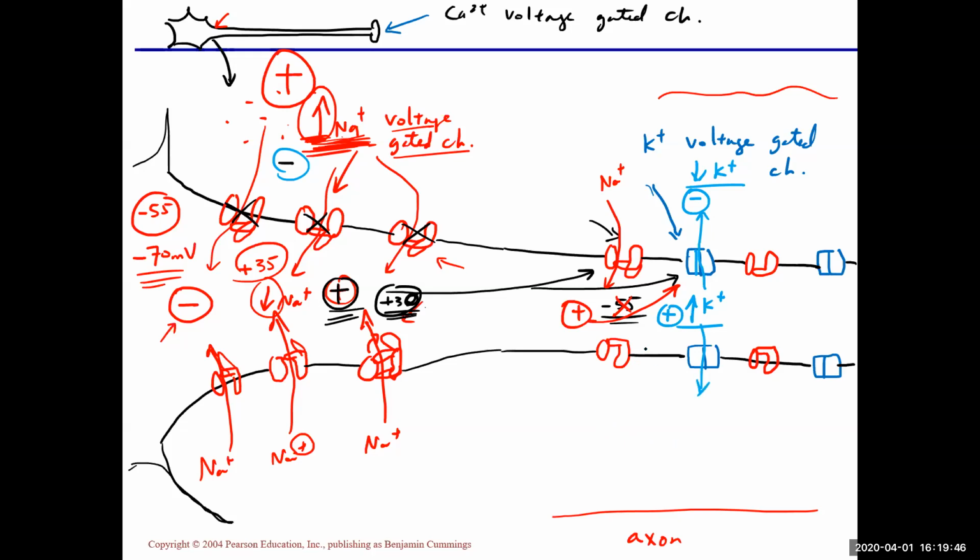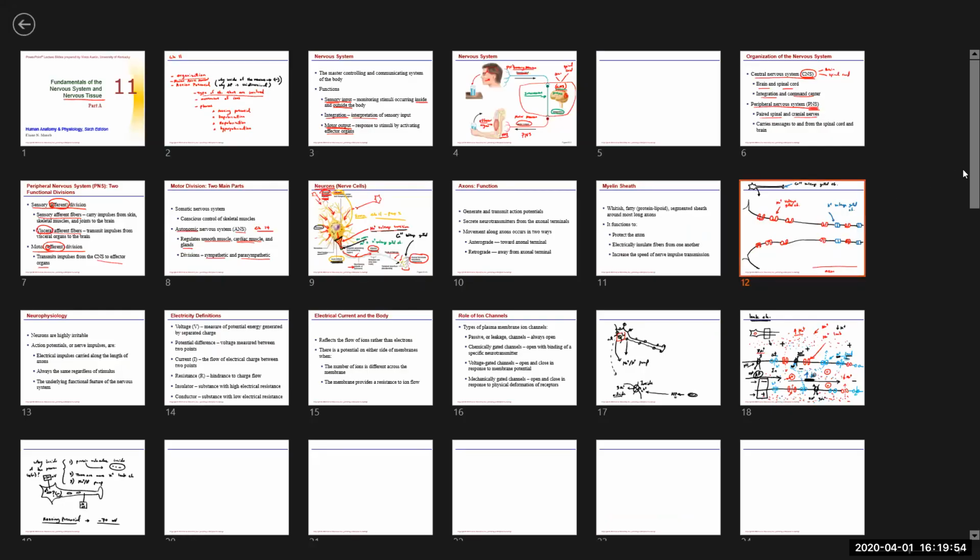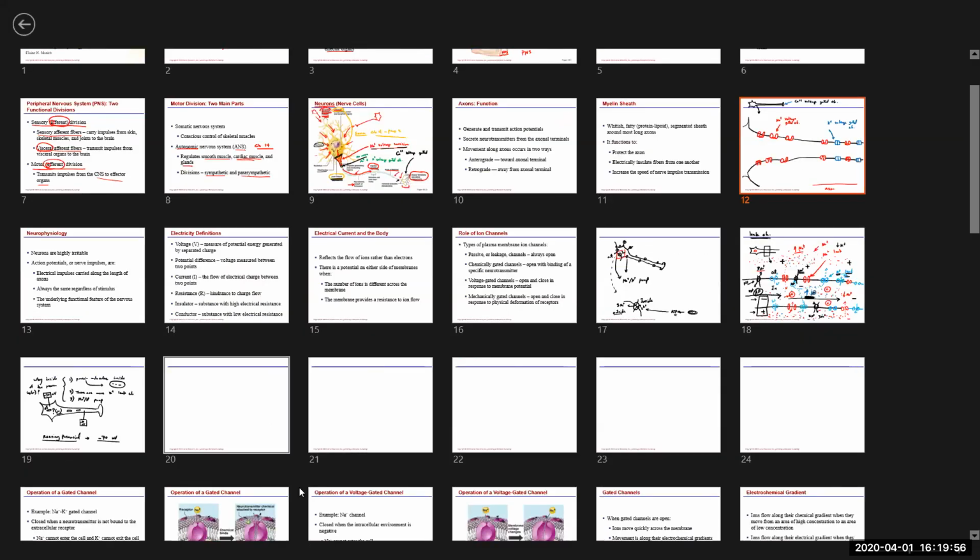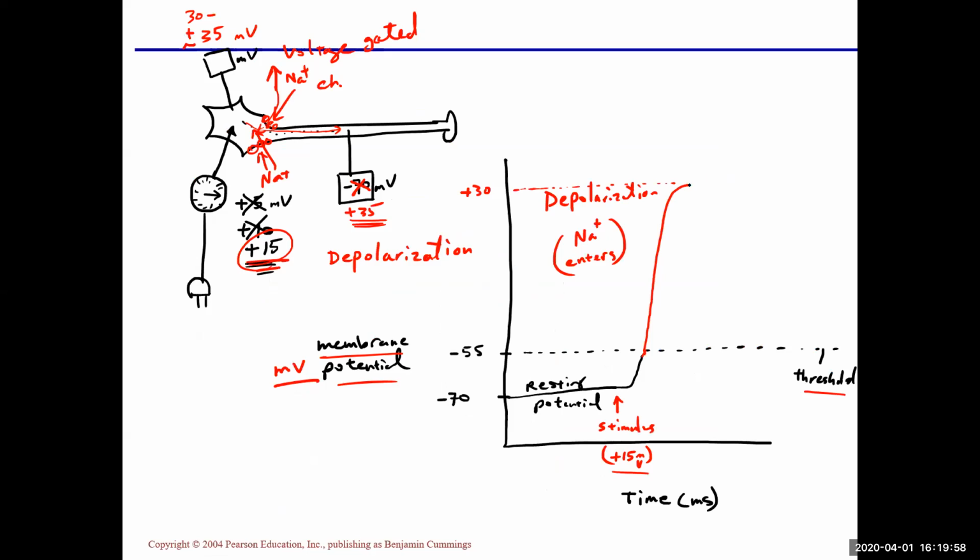So let's illustrate this part on our graphical presentation that we had earlier. At this point in time, potassium is leaving. This is called repolarization. Repolarization is when the potassium leaves.